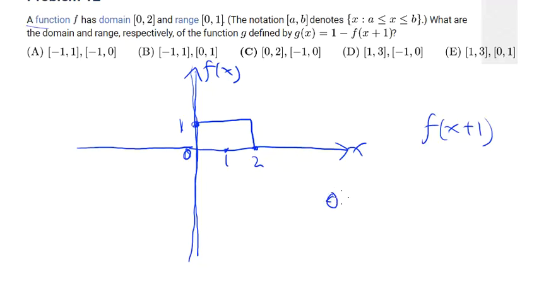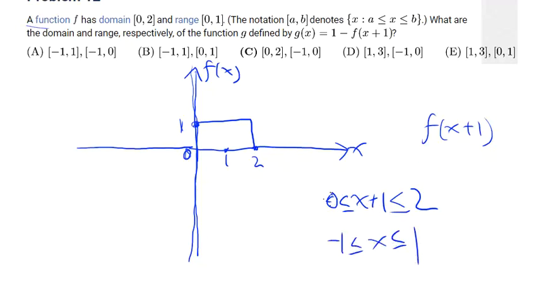But now this is f(x + 1), so instead of x here, we read x + 1. In fact, whatever's in the parentheses is going to belong here. Which means the domain of this function would be [-1, 1].